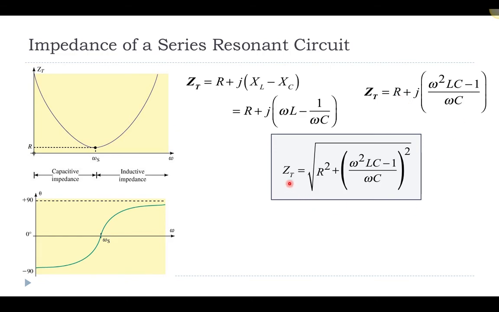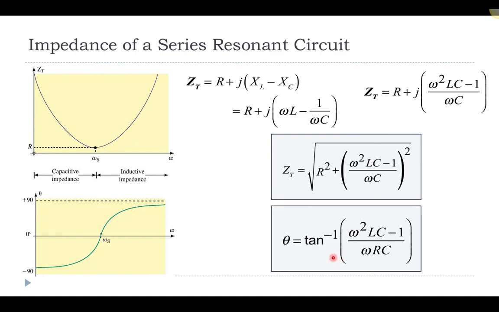And I get the total equivalent impedance is just the resistance squared plus this term here squared as well. And that's how we get this curve here that looks like something that depends on x squared plus y squared and so on, right? So it's got this polynomial type of squared curve associated with it. Or, you know, it looks like a square root with terms that are squared in it.